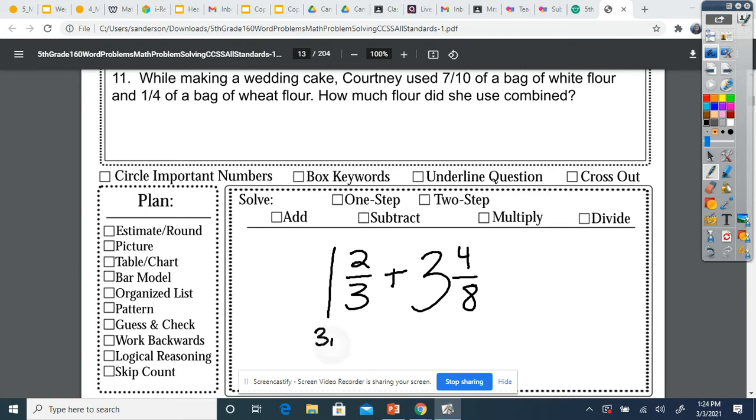So I'm going to list my multiples: 3, 6, 9, 12, 15, 18, 21, 24. List my multiples for 8: 8, 16, 24. So what's the lowest number they have in common? It would be 24. So I know that both of my denominators need to have 24 on the bottom.